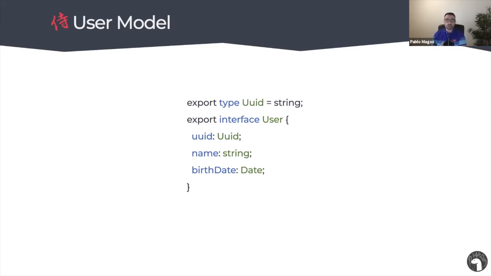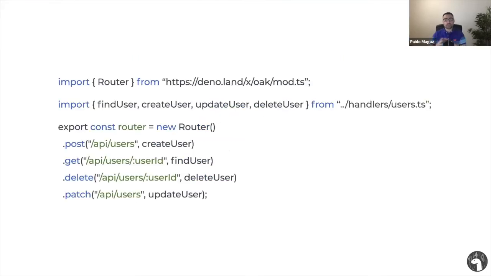Let's take a look at the route definition. As we were talking, it's a good idea to split the concepts and have the route definition in one place and the route implementation in another, because the route implementation could be very big, especially when we have to deal with several database queries, or even when we have to implement authentication, right?